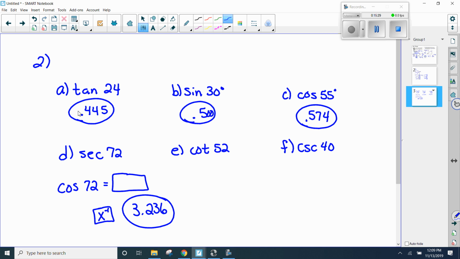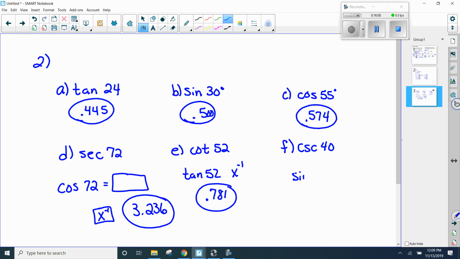So how are you going to type in the cotangent of 52? You're going to type the tangent of 52, and then you have to hit the x to the negative 1 key. .781. Cosecant of 40, what are you going to type in on your calculator?